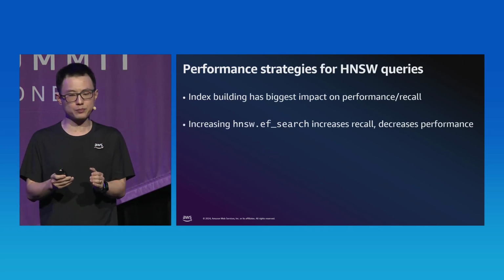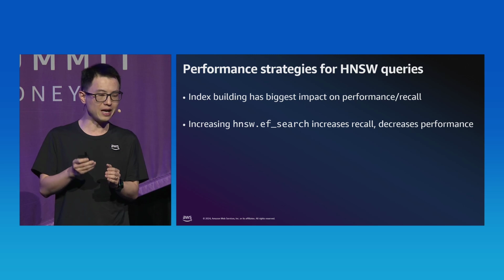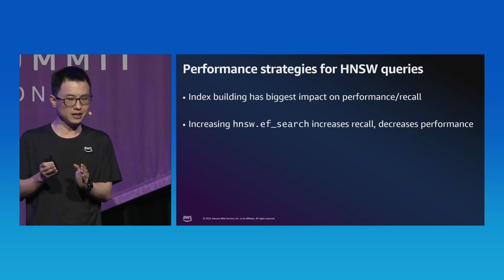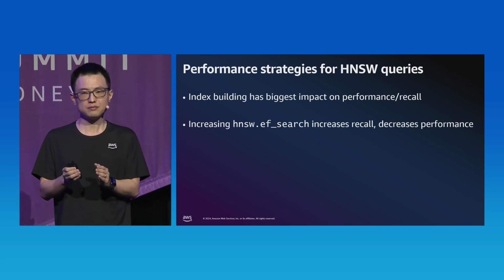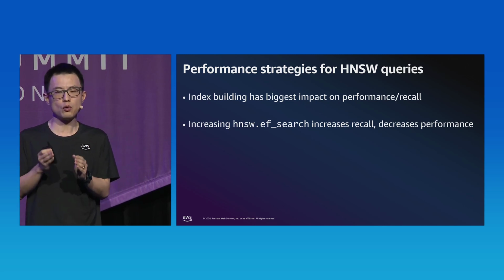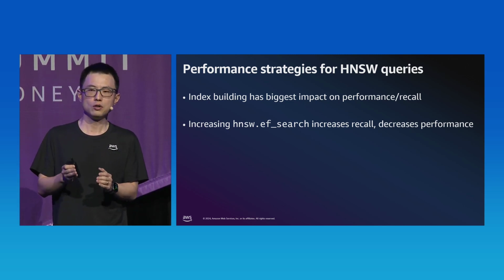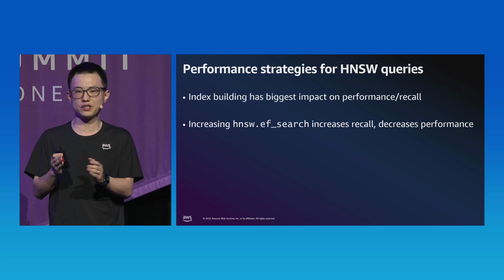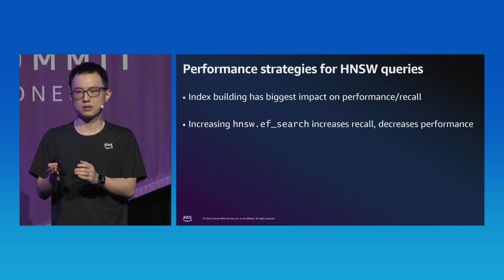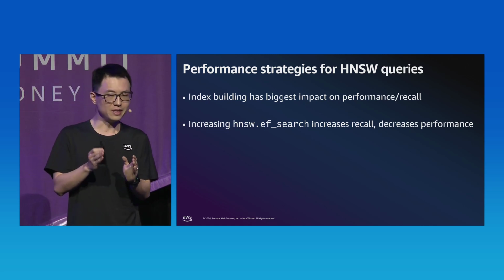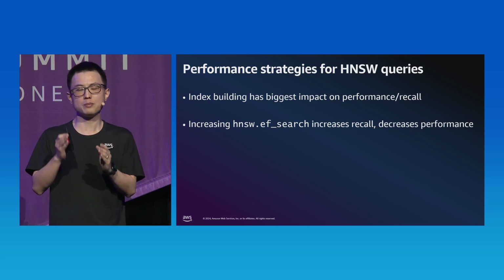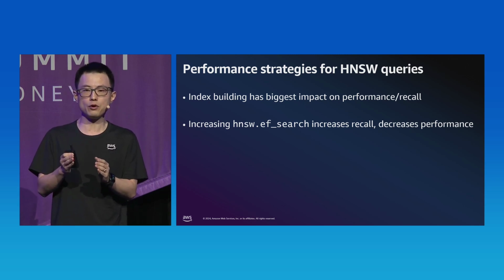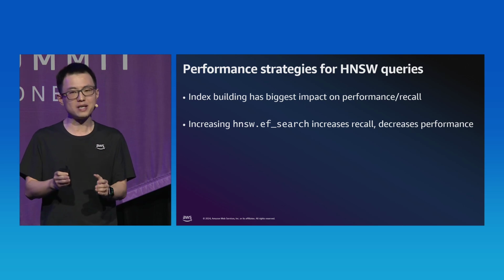The best practice for HNSW queries is, first, you can tweak your query performance and recall during the index building stage. In other words, index building probably has the biggest impact on your query performance and recall.